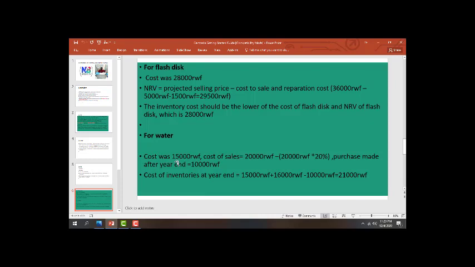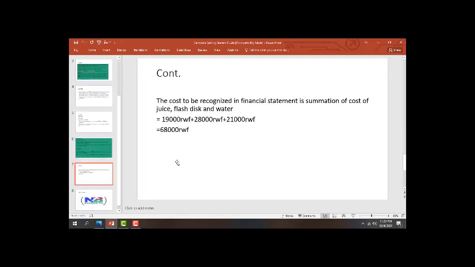This is where we get 16,100 francs. So the cost to be recognized in the financial statement is the summation of the cost of jewels, flash disk and water, which is equal to 68,200 francs.